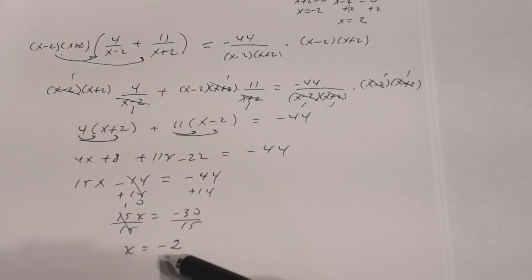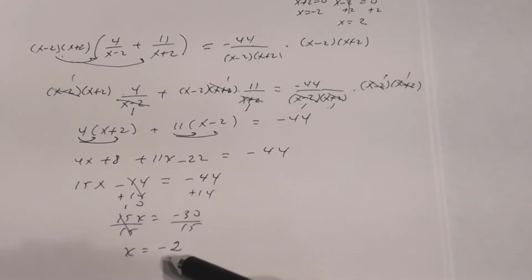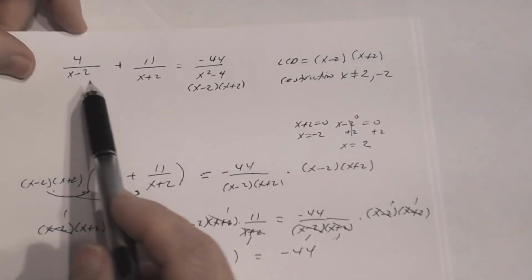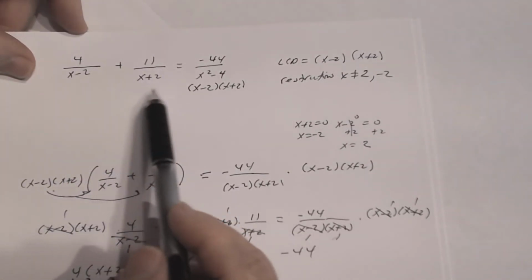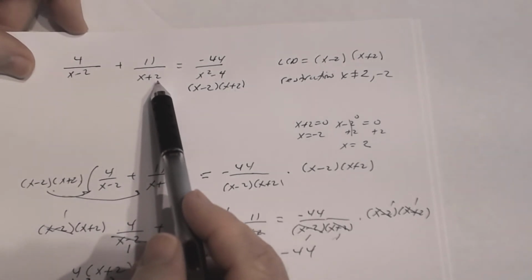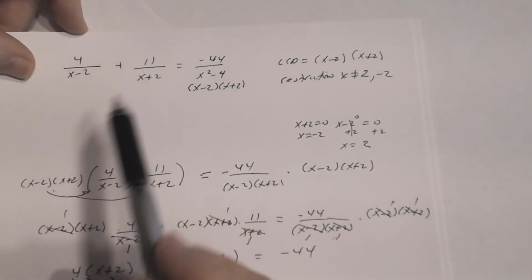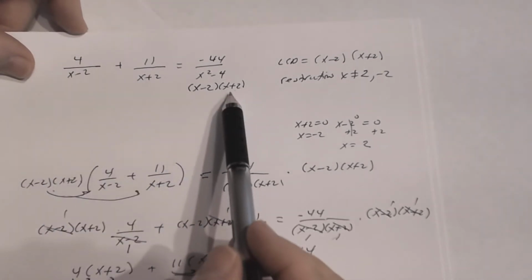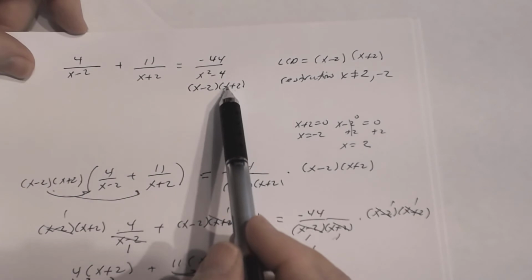So that means if you are saying x equal negative 2 is a solution, and you check your solution, you're going to notice that in this particular rational expression here, negative 2 plus 2 is 0. And 11 divided by 0 is undefined. Same thing here. Negative 2 plus 2 is 0.